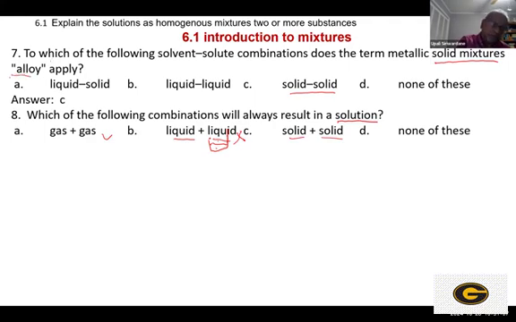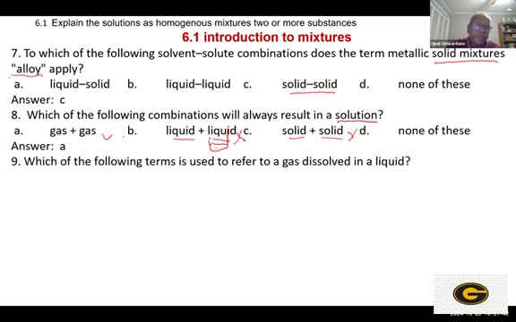Alloy is defined here. Solid also can form two solids at higher concentration: one is the alloy, one is the precipitated out solute. Therefore, the answer is A.